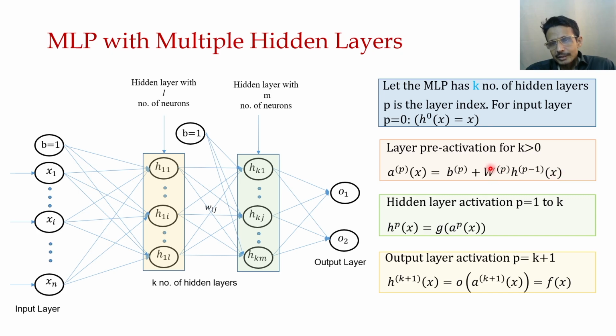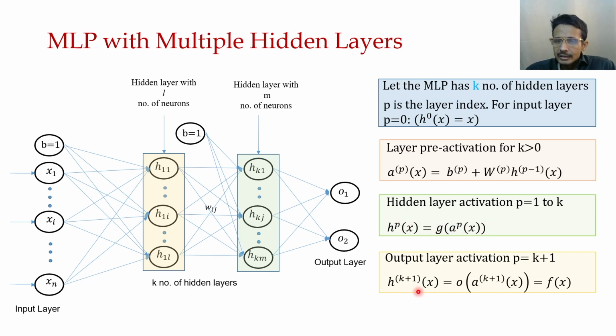That is very important, but this weight is particular to this layer. That is exactly what we have seen in the single hidden layer. This is the layer pre-activation, and when we get a_p(x), we put an activation on it. Whether we put sigmoid or ReLU, whatever we put here, we get h.